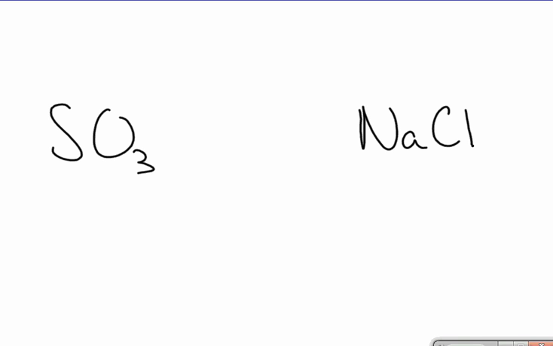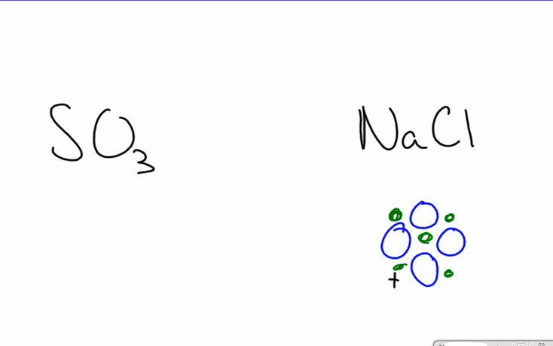If you were to look at the structure of sodium chloride, you would have a whole bunch of sodiums surrounded by a whole bunch of chlorines, because the sodiums have a positive charge and the chlorines have a negative charge, and they're attracted to one another. The simplest ratio of one to another is actually what the formula represents.